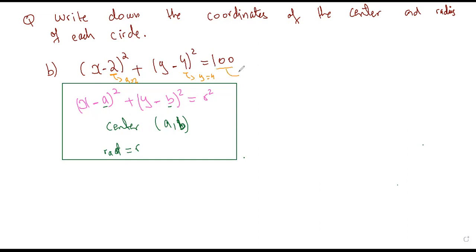And what is the radius? Very well done. Excellent. Okay. r is 10. So this means that if I plot this, first thing is to plot the center. It would be at (2, 4). If this is 2, this should be 4. It would be somewhere here.